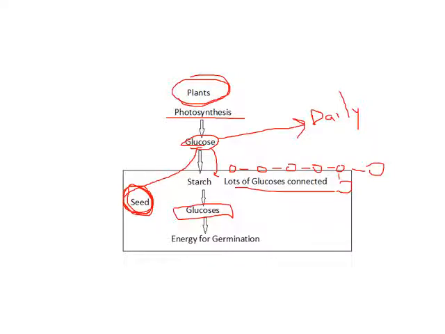And when that happens, the glucoses are broken off from the starch, and the seed breathes. It takes in oxygen, and it makes carbon dioxide and water and energy to grow.